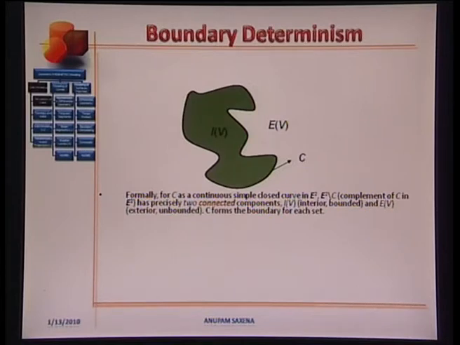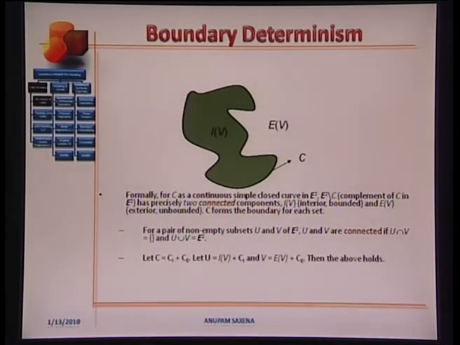Here C forms the boundary for each set. For a pair of non-empty subsets U and V of the plane, U and V are connected if the intersection between the two subsets is a null set and the union of the two subsets is the entire plane itself.